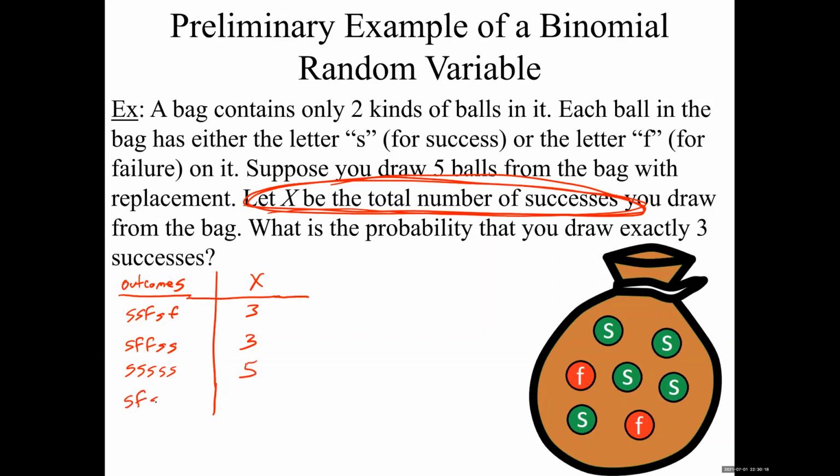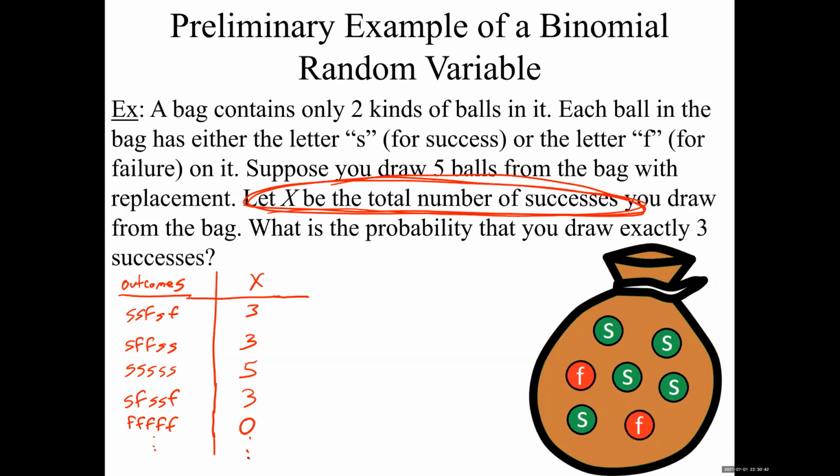S, F, S, S, F. What's the value of X for that one? 3 again. How about F, F, F, F, F? 0. Yeah. And anyway, there's lots of them. I'm not going to list them all.